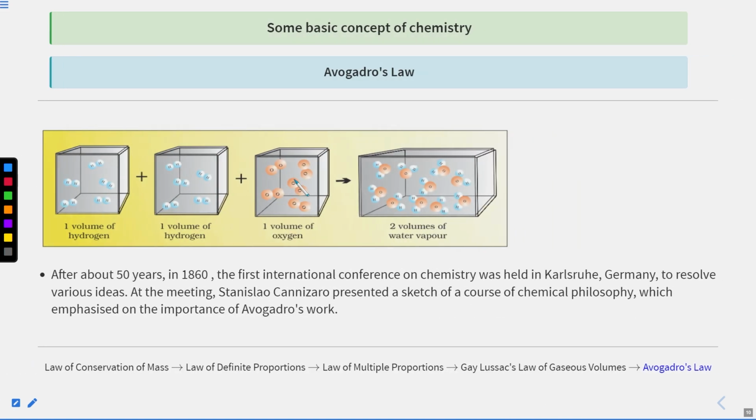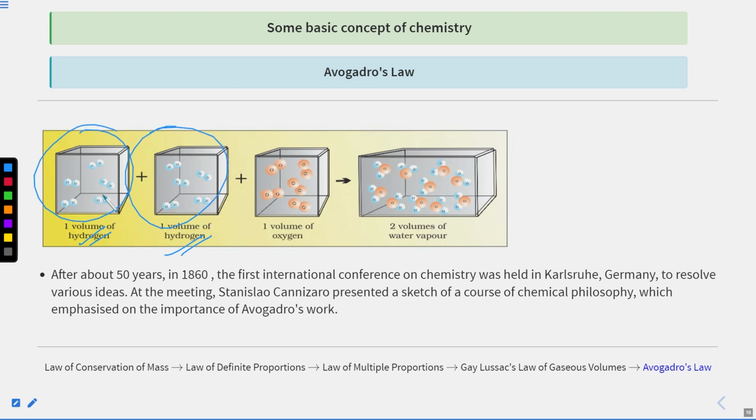Now, let us see an illustration of Avogadro's law. Here we are taking one volume of hydrogen and one volume of oxygen, and two volumes of hydrogen.